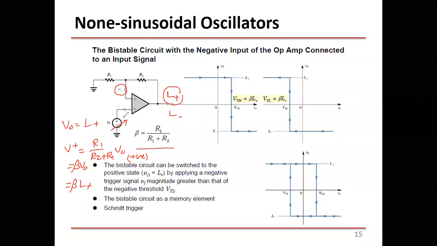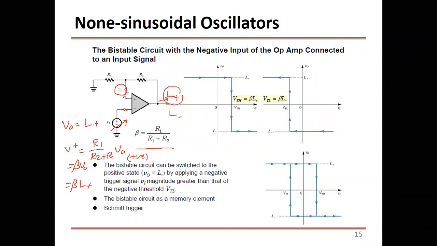If V input is less than V plus, then the output is still high. Think of this as a comparator: the operational amplifier compares this voltage to this voltage. If V plus is higher than V minus, the output is L plus, which is the highest saturation level.